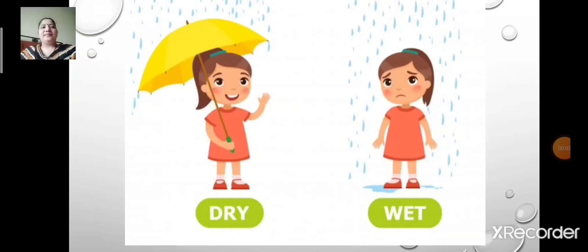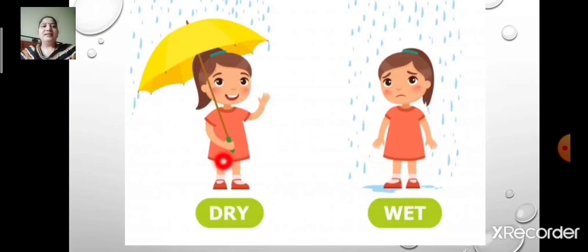Next, dry, wet. This girl is carrying an umbrella, so she is dry. And this girl is not carrying an umbrella, so she has got wet in the rain.